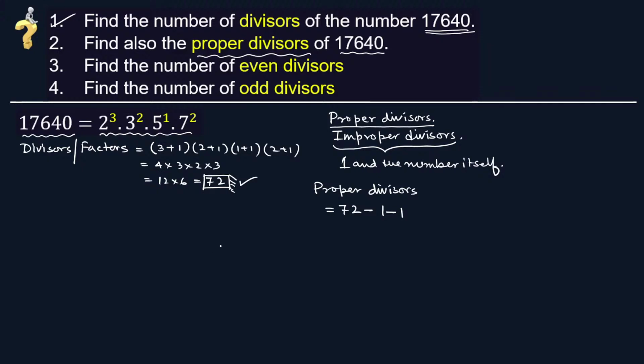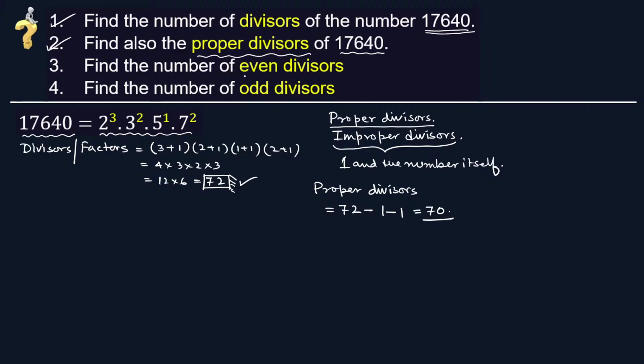As well as 1 is also involved in it. Yes or no? 1 is a factor. Yes or no? So both 1 as well as that number are included in 72. So to get proper divisors, we have to subtract these 2 improper divisors from the total divisors, which in this case is 72. Therefore, total number of proper divisors will be 70. Is it clear or not? Absolutely.